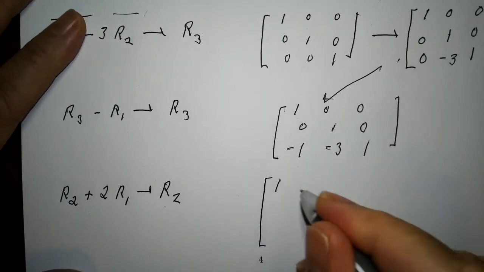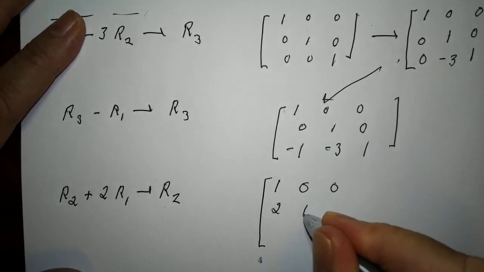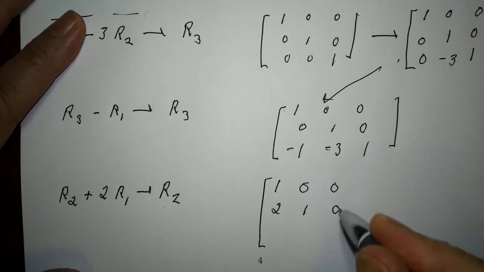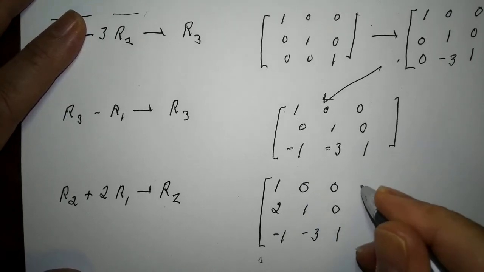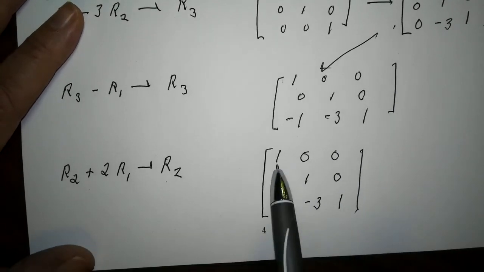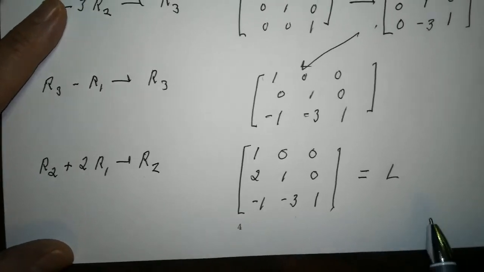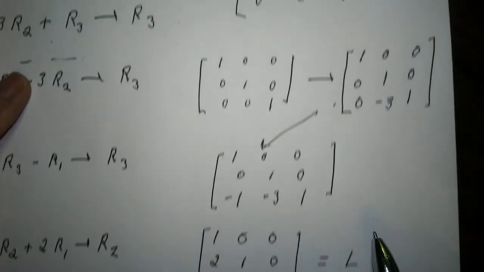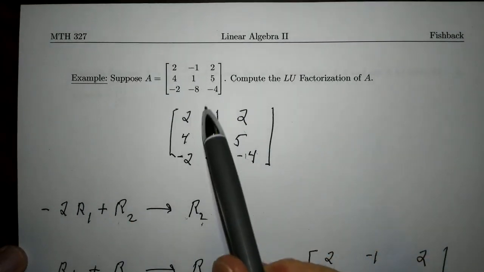Whoopsie, sorry. 1, 0, 0, 2, 1, 0, negative 1, negative 3, 1. This is our unit lower triangular matrix. This is L. And we could check this by taking L times U and showing it equals the original matrix A up here.